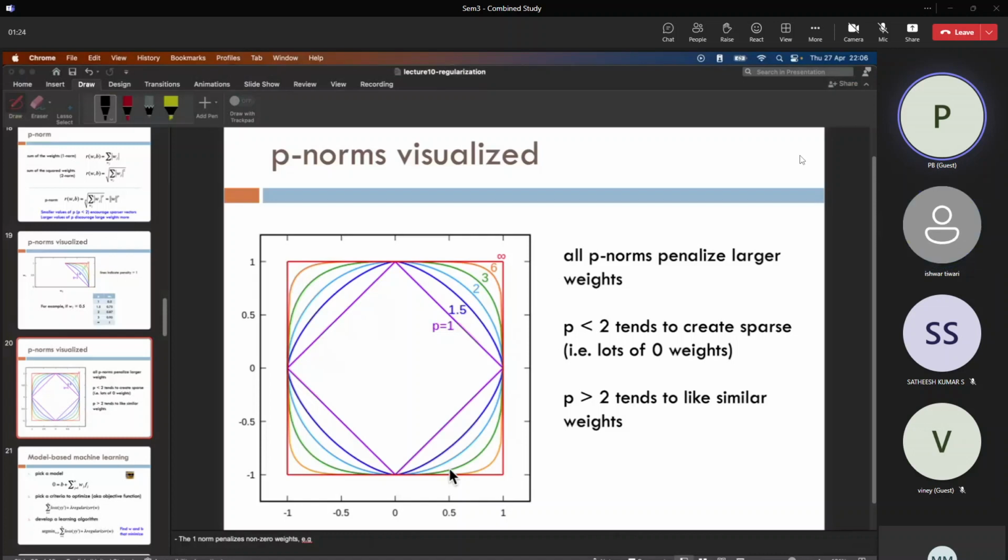So P norms. Why I told you about the Euclidean space, Cartesian space, and this norm is basically this: suppose you are traveling in a plane at a height of say 5,000 feet, and you are traveling through some turbulence.